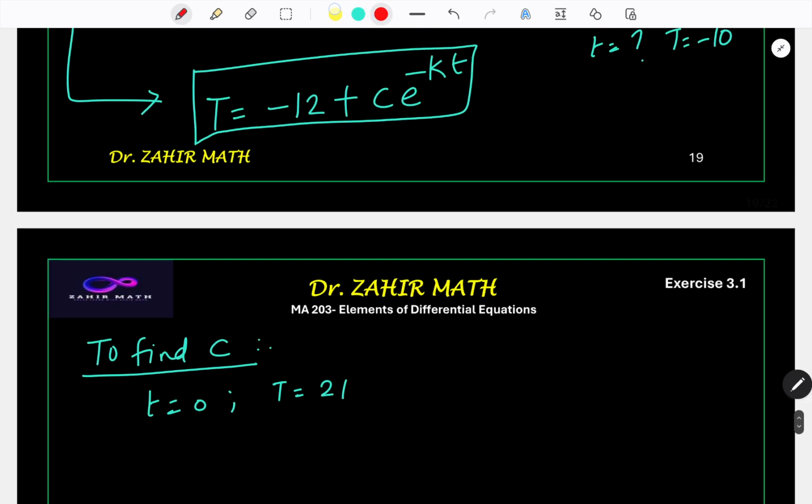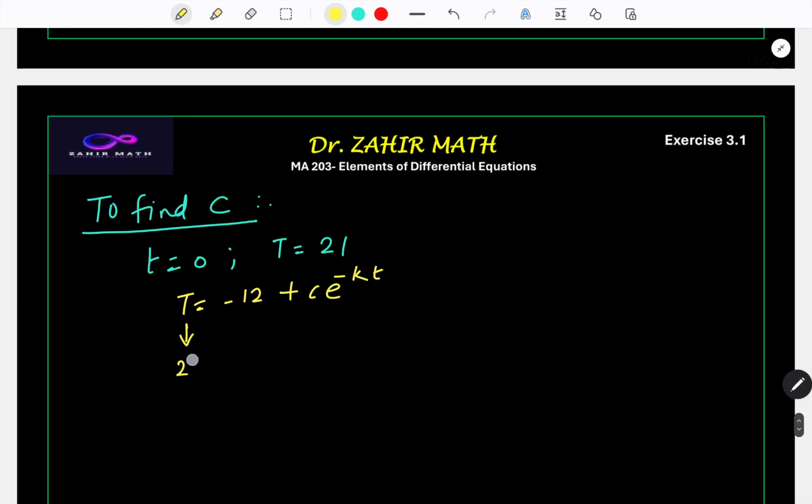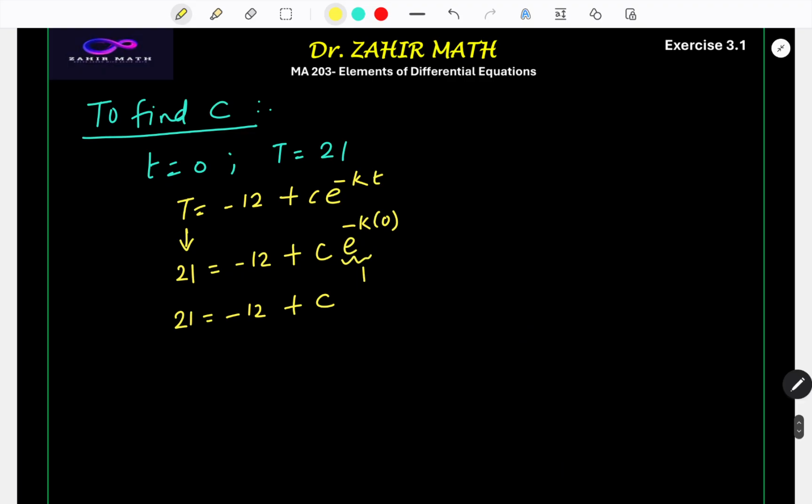So T is equal to 21, which is equal to minus 12 plus C e power minus k into 0. So 21 equals minus 12 plus C, because this value is equal to 1. Now 21 plus 12 is equal to C. 21 plus 12 is equal to 33. So C is equal to 33.